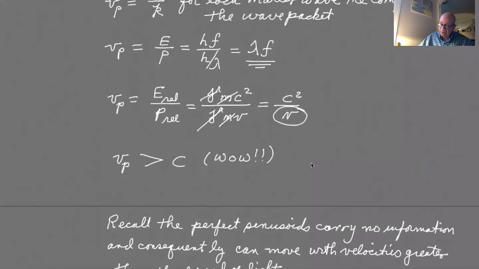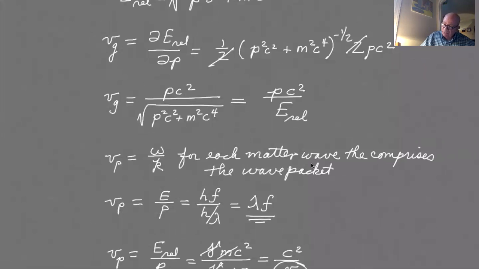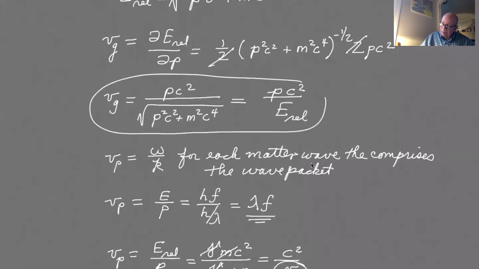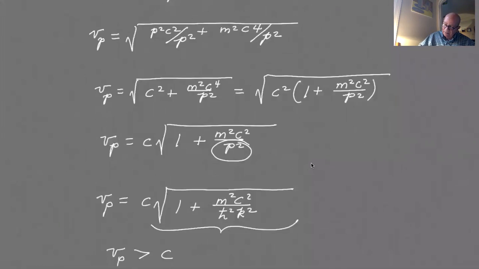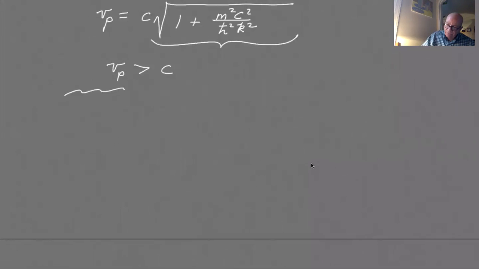Beautiful. Now let's go back and recall this result. Recall then that v group was equal to p c squared over E. This is the relativistic energy, and as a matter of fact, it's the relativistic momentum as well.